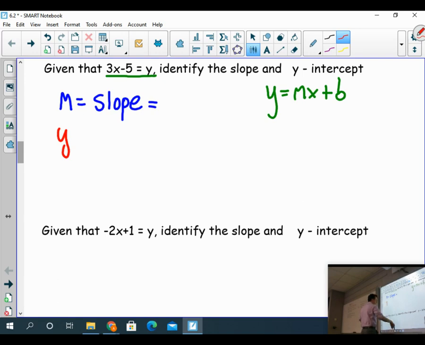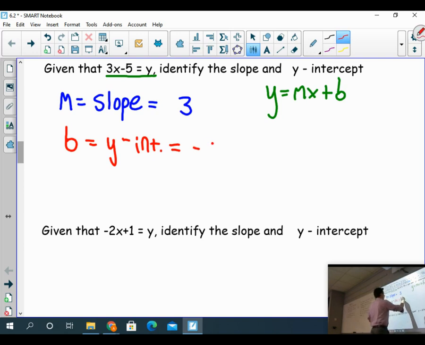And I know, let's stay consistent here, I know the letter b represents the y-intercept. So looking at my equation, I see that the slope is 3, and the y-intercept is -5. Slope is 3, and the y-intercept is -5.